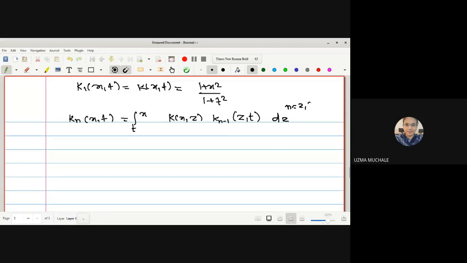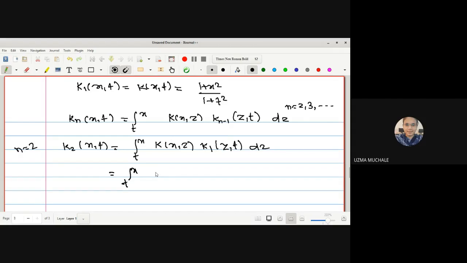This is the formula for finding our iterated kernels. In case of a Volterra integral equation, the limits will be provided afterwards. Let us find out k2 of xt, integration t to x, k of xz, k1 of zt. What we have to do for this? Put n equal to 2 in the above equation.